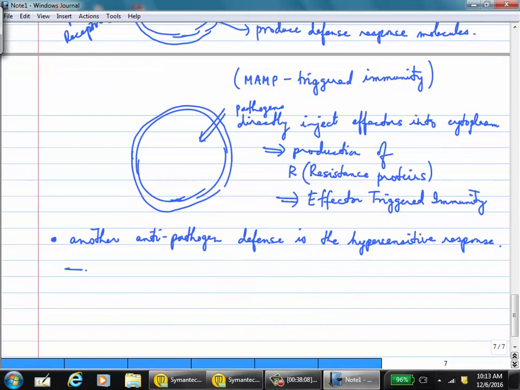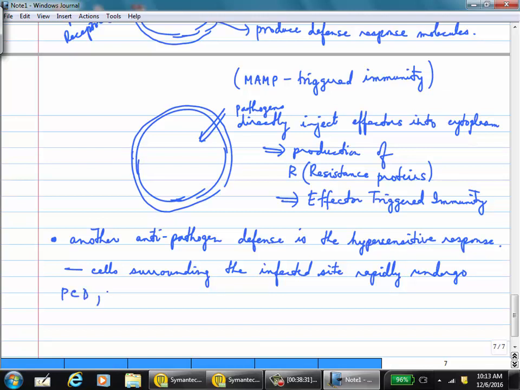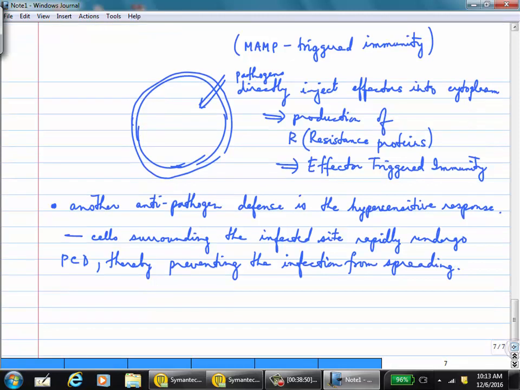And in this hypersensitive response, what happens is that cells surrounding the infected site rapidly undergo programmed cell death, so PCD, thereby preventing the infection from spreading. All right, any questions?